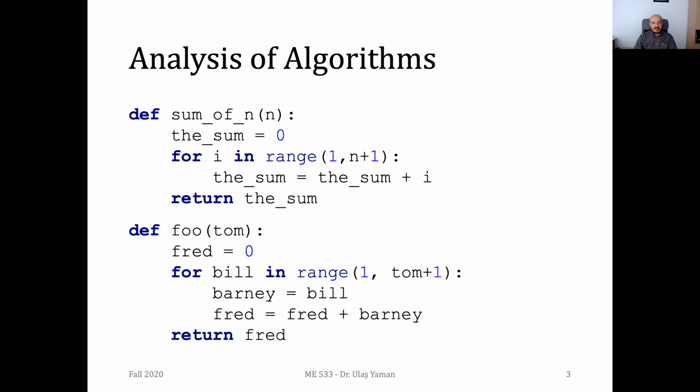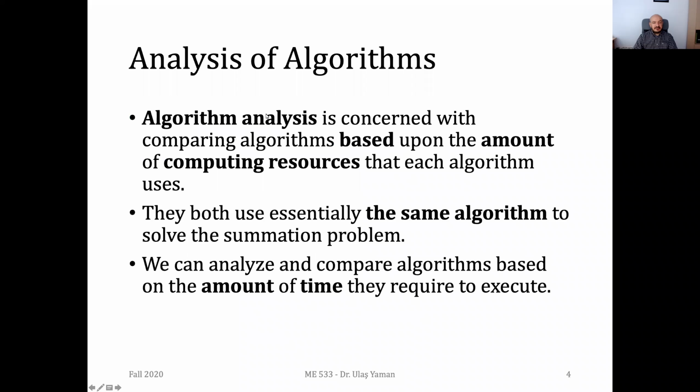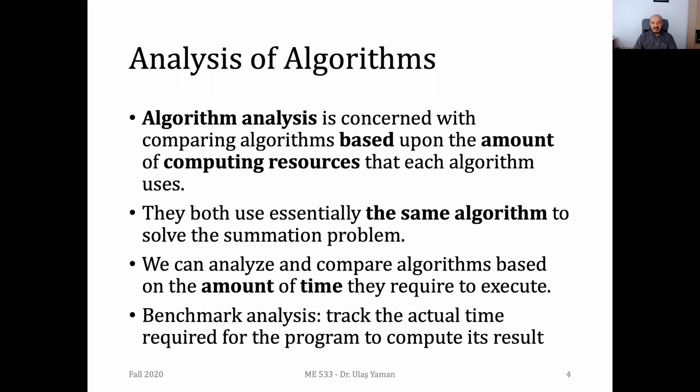And we said that there might be different implementations executing the same algorithm, if you remember, these are exactly the same, summing the numbers up to n. And we said that we need to find a way which is independent of the capability of your computers, independent of the programming languages.